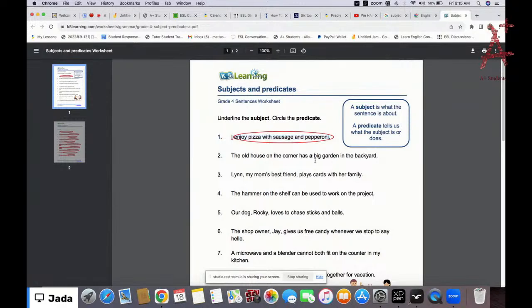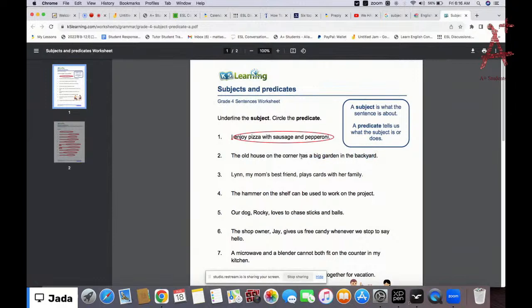And then the next one says, the old house on the corner has a big garden in the backyard. So now, which of this is going to be the subject of the sentence? The subject is going to be the old house, because the old house has the big garden and the backyard.